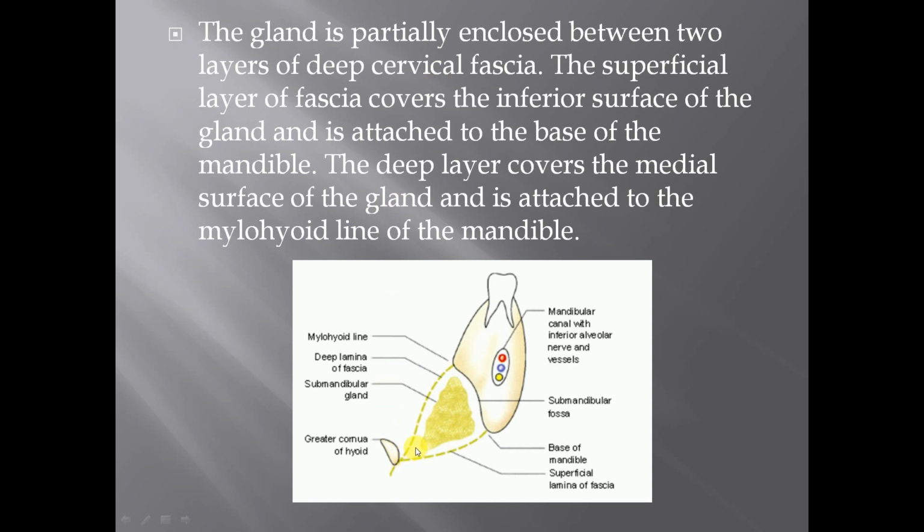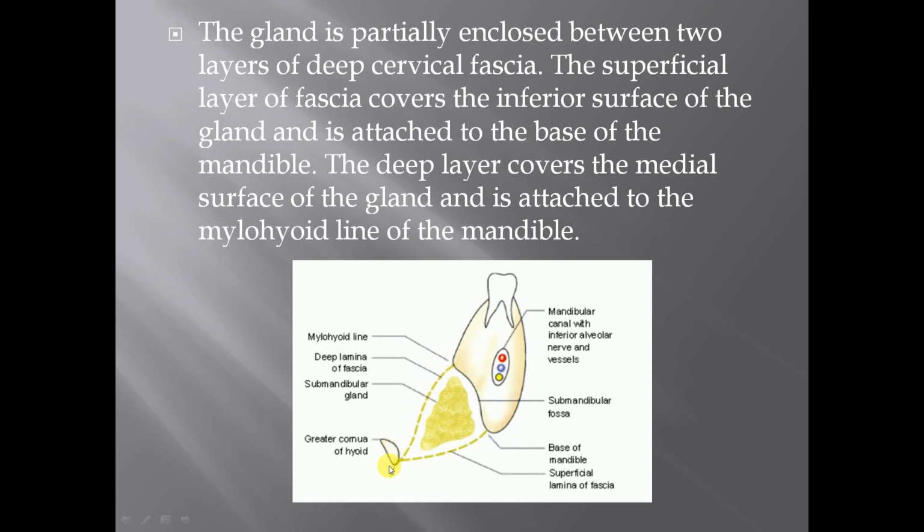The superficial layer of the fascia covers the inferior surface of the gland, and it is attached to the base of the mandible, while the deep layer covers the medial surface of the gland, and it is attached to the mylohyoid line of the mandible.